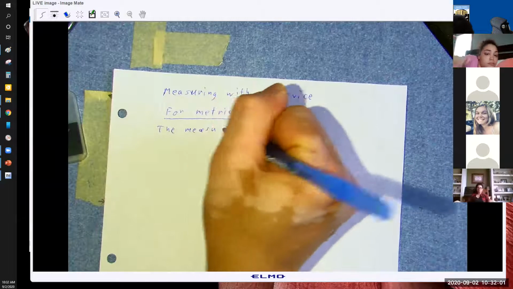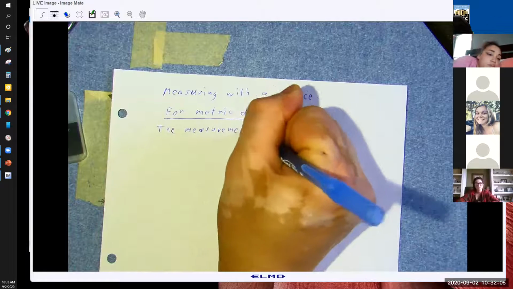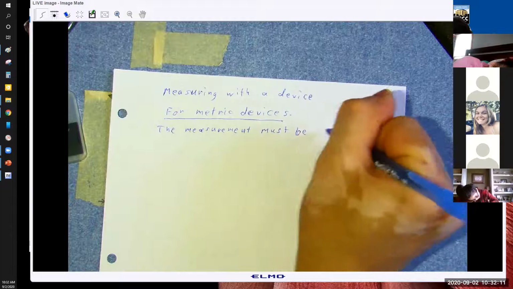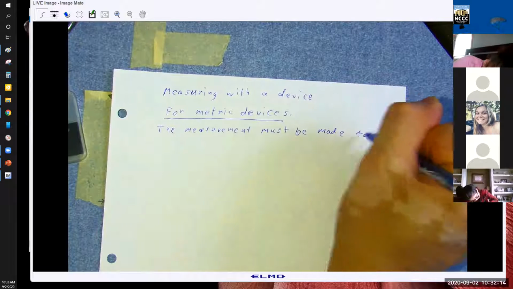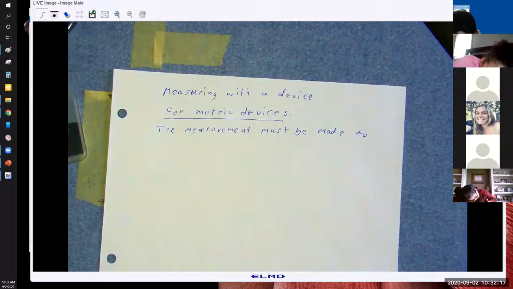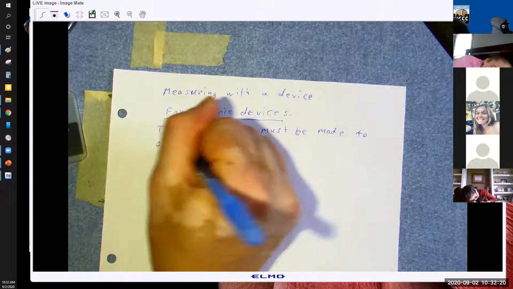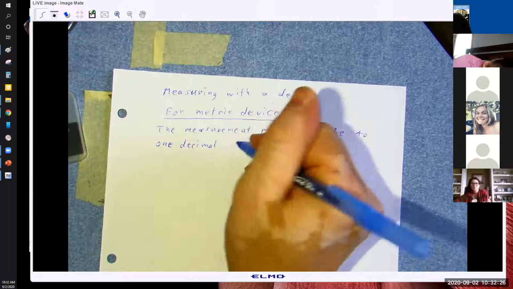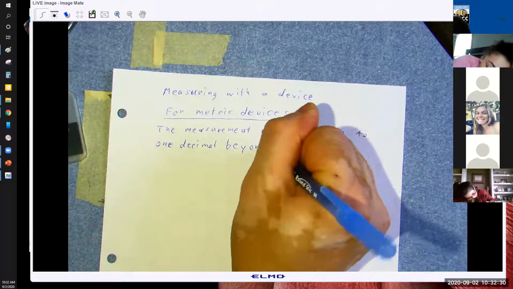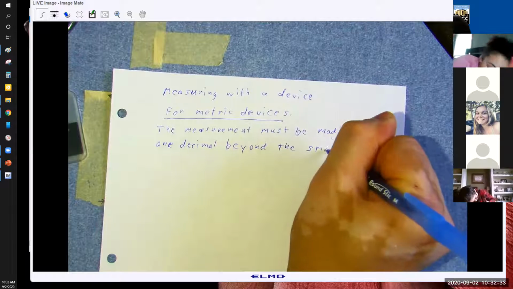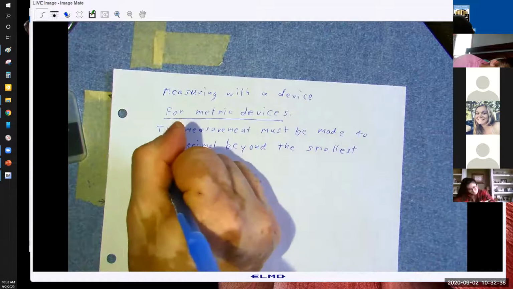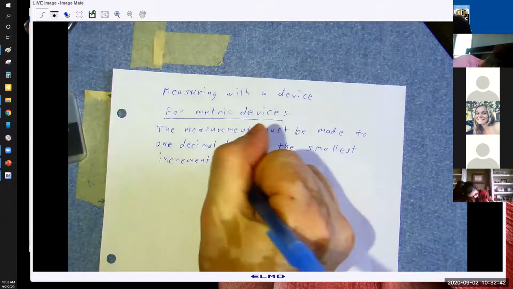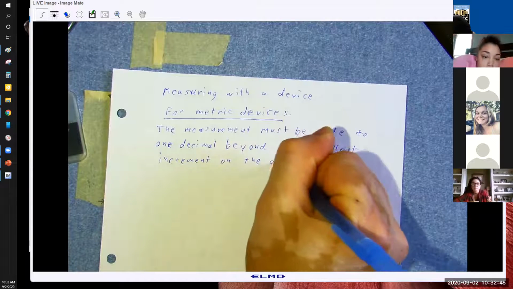So when you use a metric device, the measurement must be made to 1 decimal beyond the smallest increment on the device.